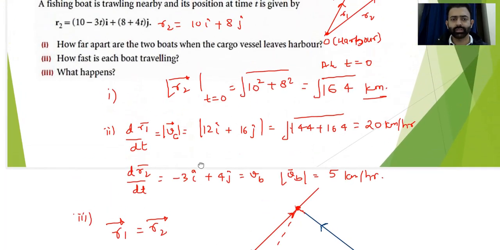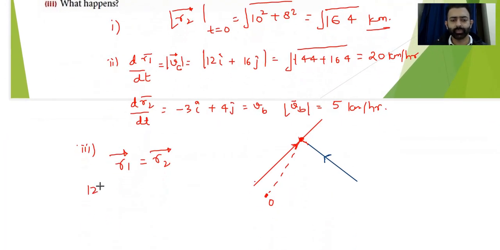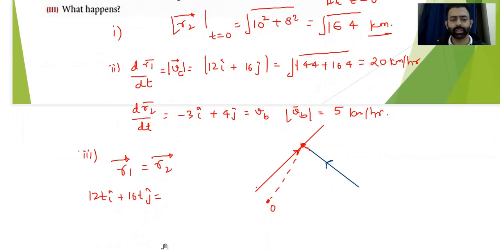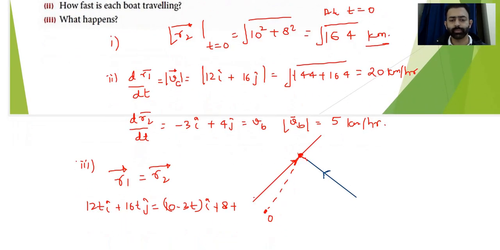So r1 is 12t i cap plus 16t j cap. This is equal to 10 minus 3t i cap, and this is 8 plus 4t j cap.